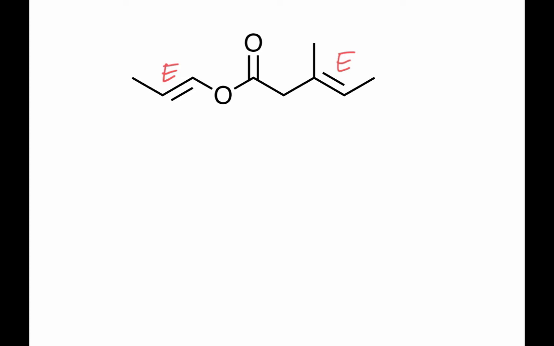All right, so if you remember, when you name esters, the first thing you're going to identify in the name is the alkane branch, or the R branch off of the singly bonded oxygen, this stuff over here. So then I need to identify all the component bits on that part. That part of the molecule contains an E alkene, so I'll put that first. And that E alkene shows up on carbon 1.